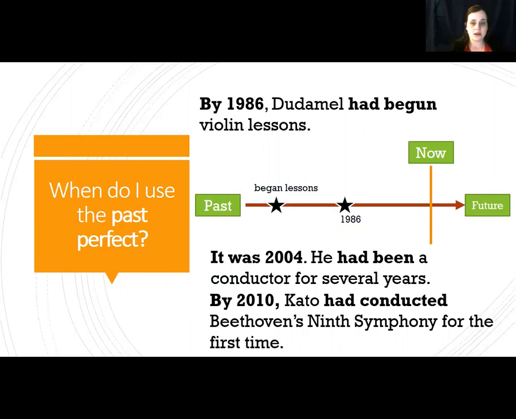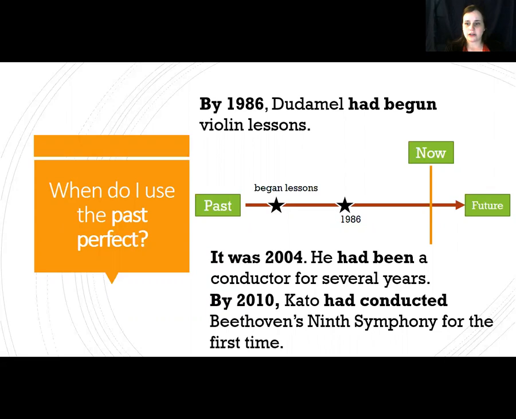We don't know when Cato conducted the Ninth Symphony, but we know that she had conducted it for the first time by 2010. The action of conducting Beethoven's Ninth Symphony for her first time is completed. So that is the past perfect.